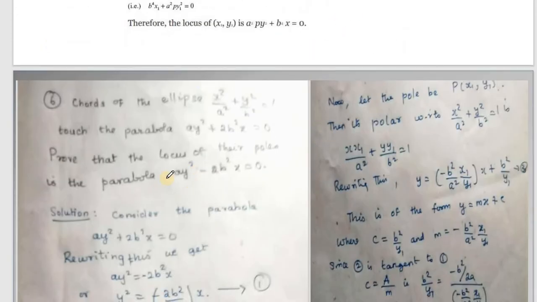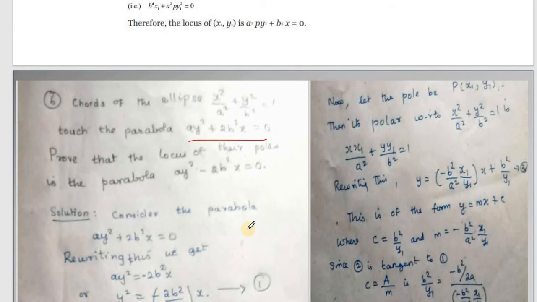And the sixth one is chords of the ellipse touch the parabola a y square plus 2b square x is equal to 0. Prove that the locus of the poles is a parabola. So chords of the ellipse x square by a square plus y square by b square is equal to 1 that touch the parabola. Now we have got two equations, of which one is a parabola.